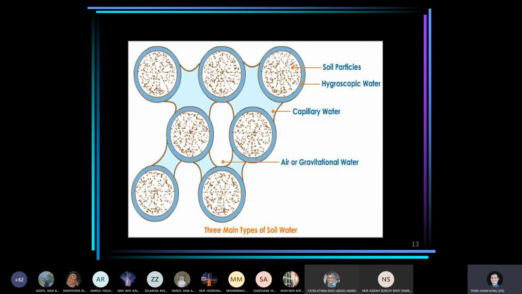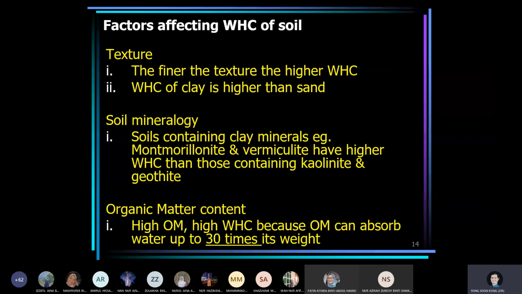The majority is hygroscopic water and also some capillary water. That's why clay has a high moisture content compared to other types of soil like silt and sand.